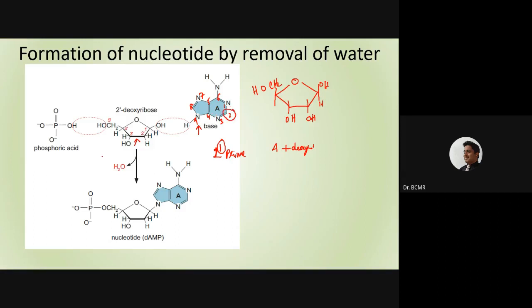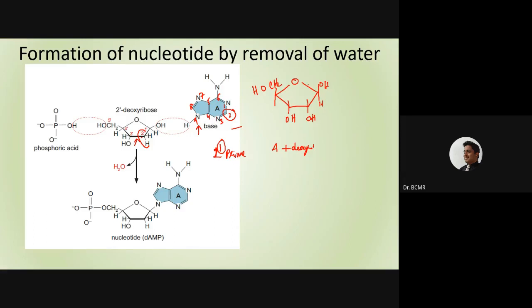I am not meaning this carbon. If I said 2 prime of adenosine, then it would mean that we are talking about the second position carbon that is present on the deoxyribose in this case. So the prime here is to denote the numbering of the sugar, deoxyribose or ribose, as the case may be, to distinguish from the numbering of the bases. Okay, I hope you will be able to remember that.